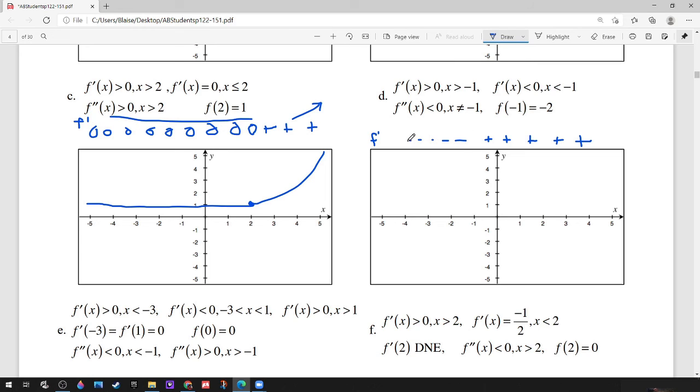But what is f prime when x equals negative 1? Huh. f double prime is less than 0 and x does not equal negative 1. So we know it's concave down on both sides. He's not giving me any information about negative 1, so, let's see, f of negative 1 is negative 2.